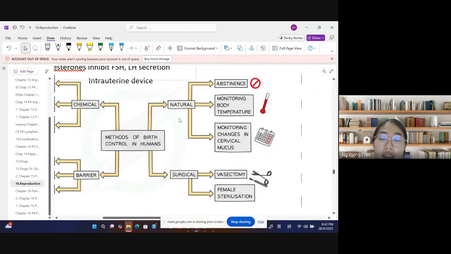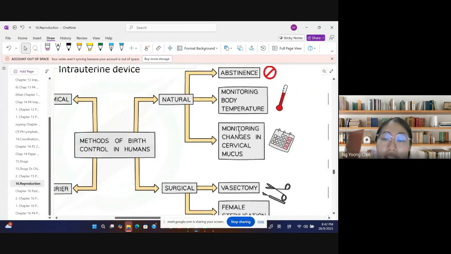The natural way is monitoring the body temperature or monitoring the change in the cervical mucus. Cervical refers to the cervix.